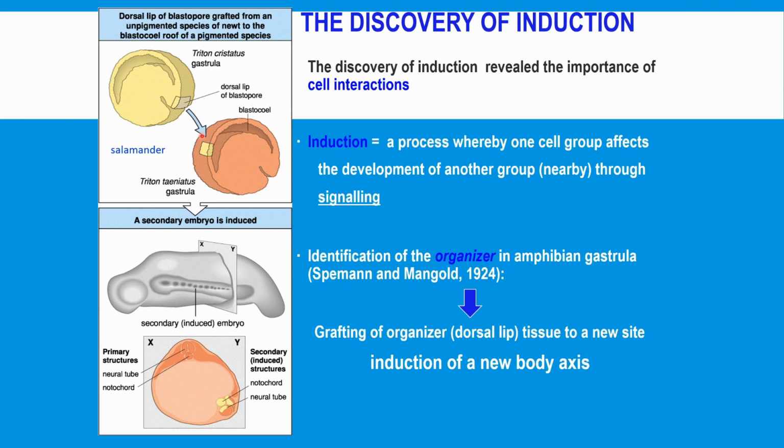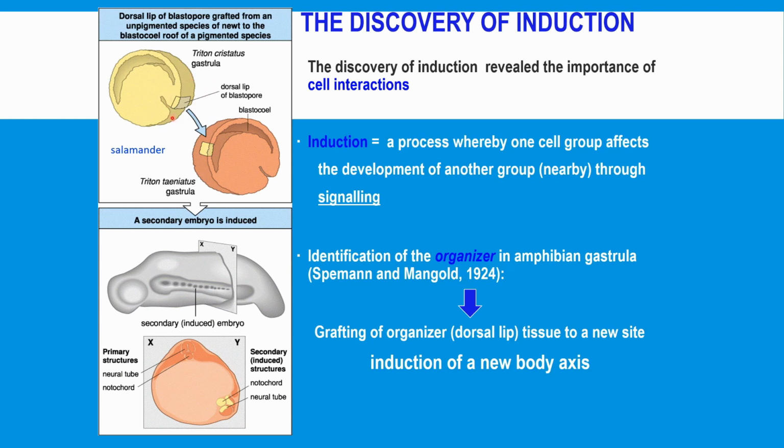Would it look different from the normal adult? They used related species of salamander that had different pigment in the cells so that they could see under the microscope. And then the idea would be if you took a piece from here and you put it here, how did the adult look? And because it was coming from the same region, that it would have the same cell fate, the adult would look normal.